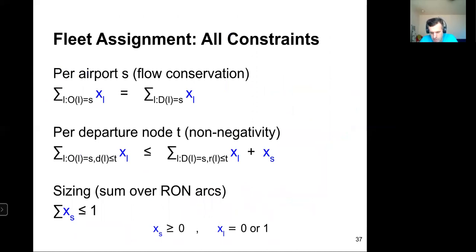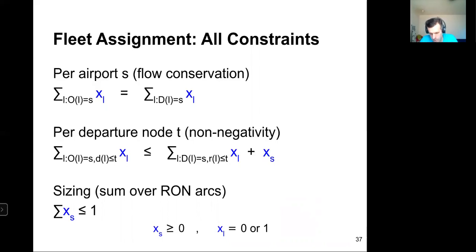Then there are these constraints, one per departure node, the non-negativity constraints, saying that you should always have enough arriving aircraft before any departure. And last but not least, the sizing constraint, the kind of inter-airport constraint, saying that altogether you should not use more aircraft than you have. And in this case, do not use more than one aircraft.